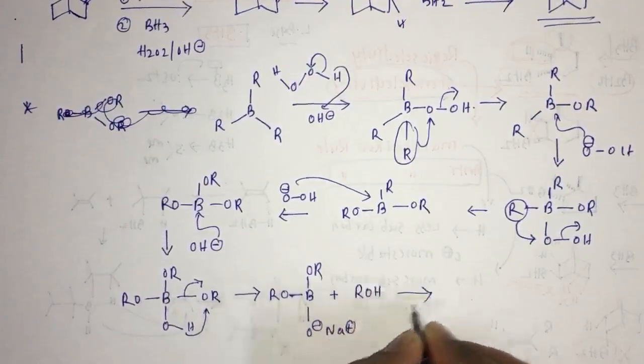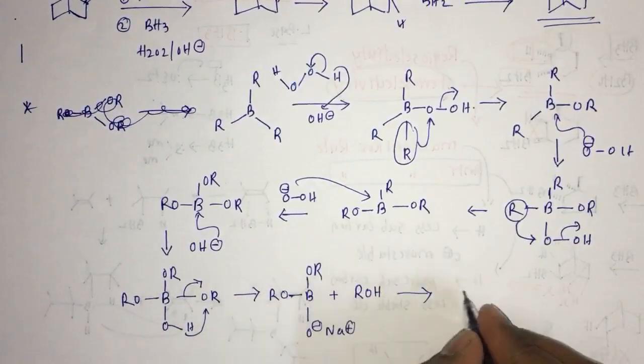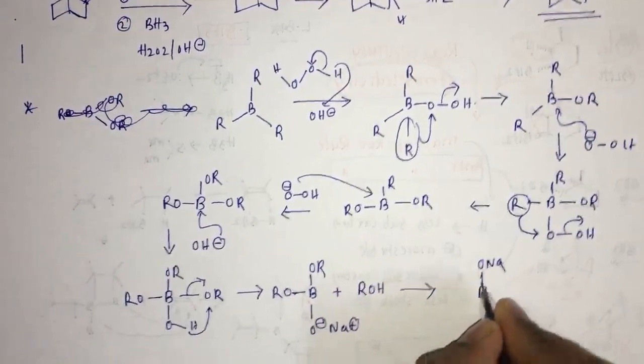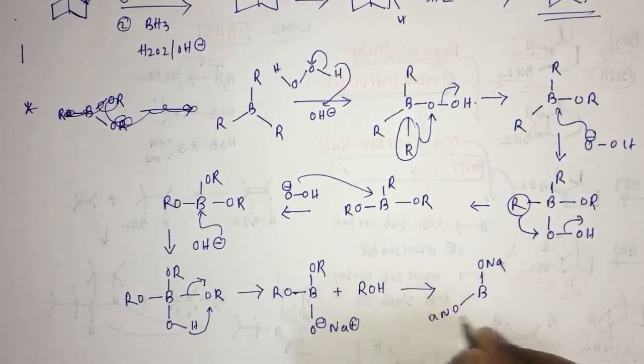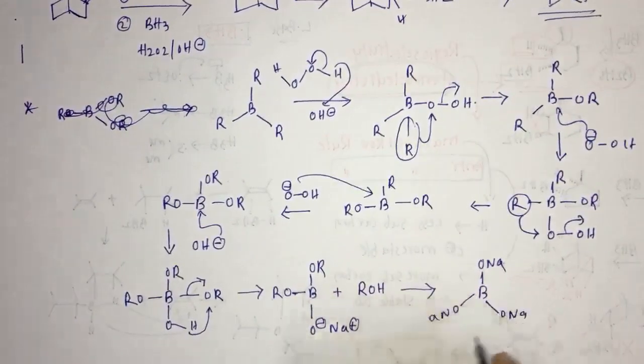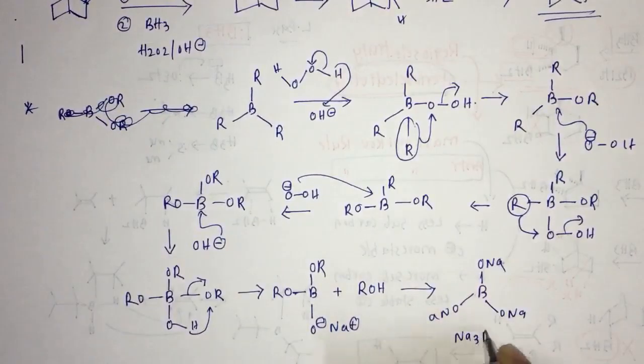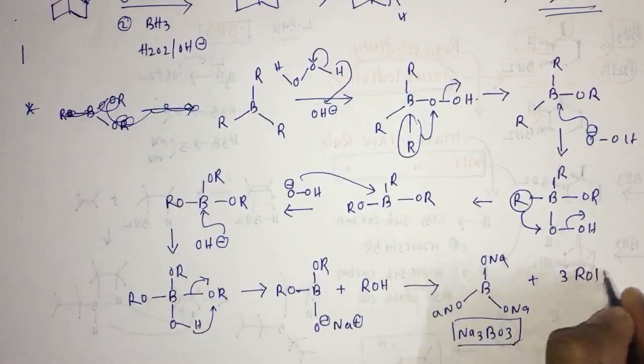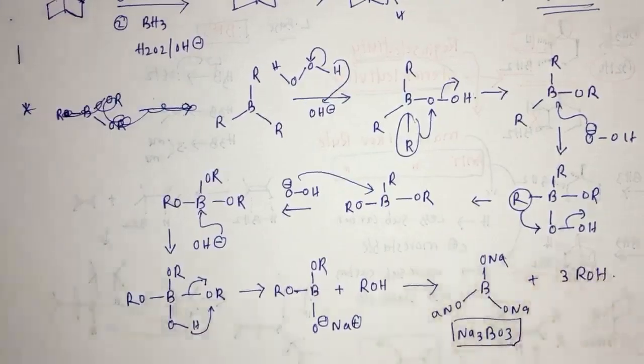So likewise 2 more alkoxy groups are also there. So finally we end up with this compound, we can call it Na3BO3 plus 3 moles of alcohols. So this is the mechanism.